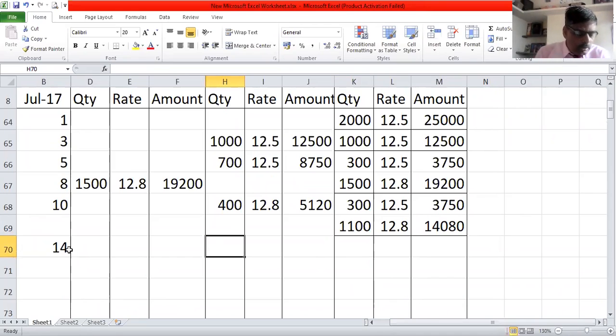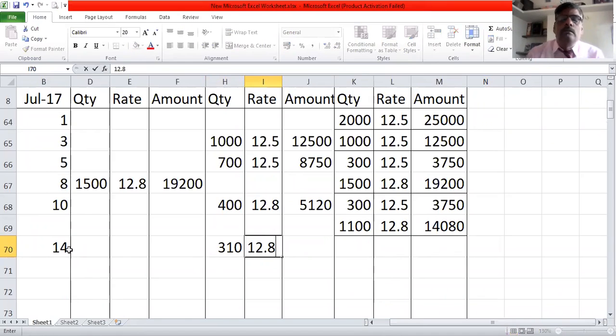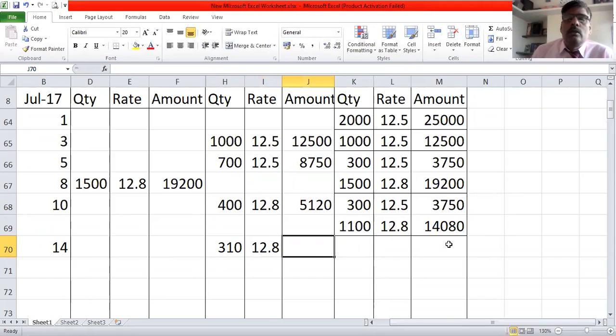The 14th issue is 310 units at the rate of 12.80 from the last lot. 310 into 12.80 is equal to 3,968.